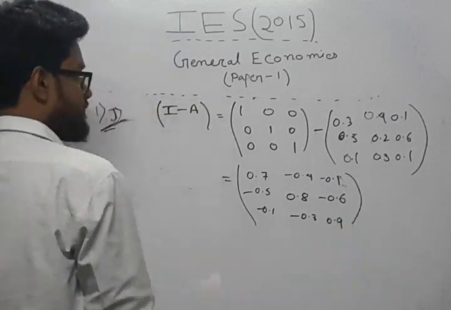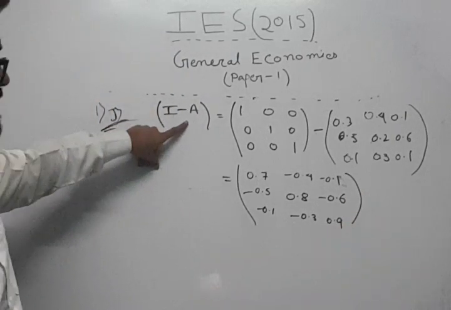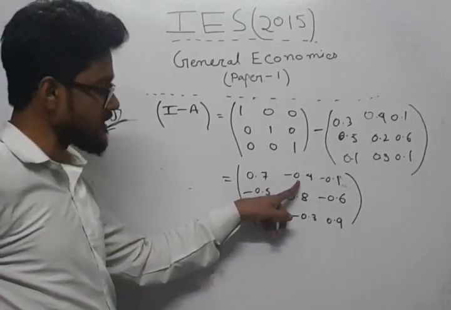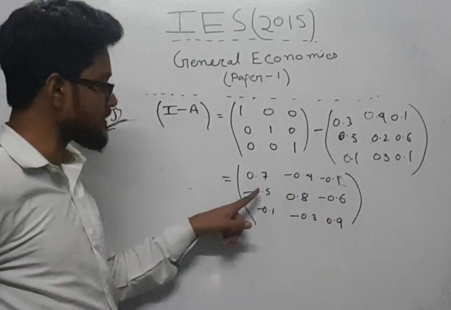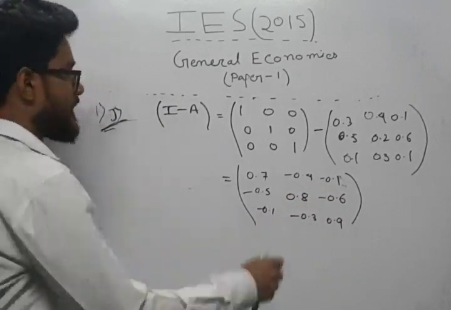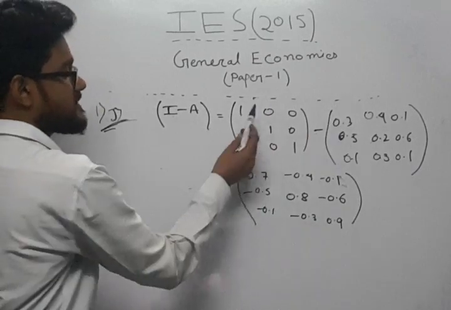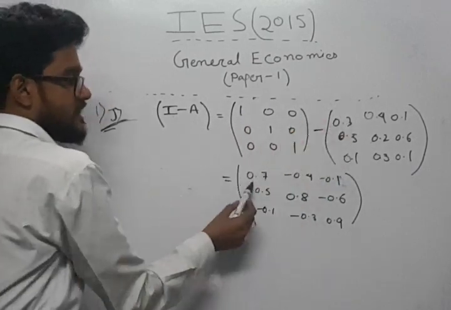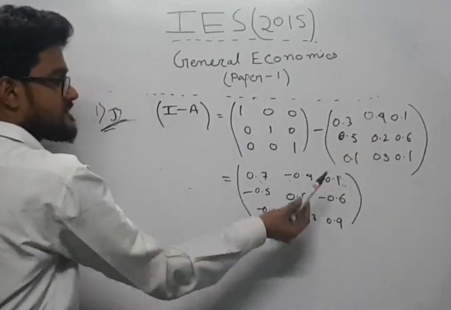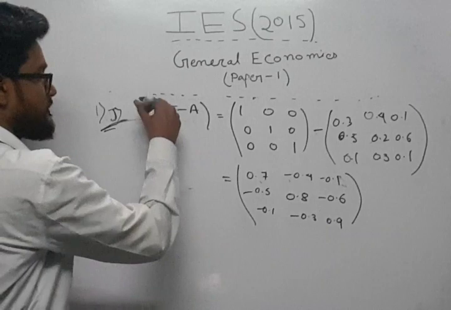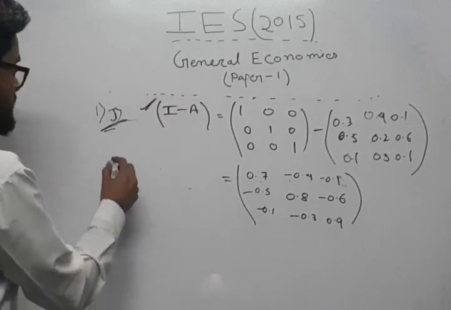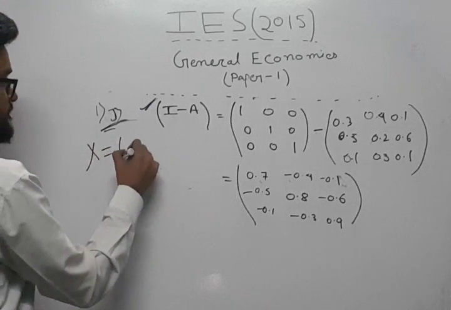So we have found the value of I minus A to be like this. You can do this simply by subtracting: 1 minus 0.3 is 0.7, 0 minus 0.4 is minus 0.4. In this way you can find I minus A, which is needed in order to find this value x.